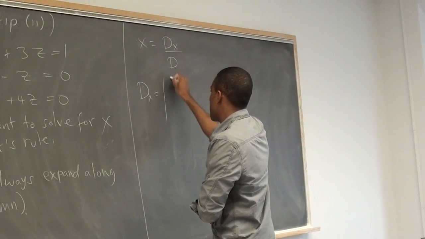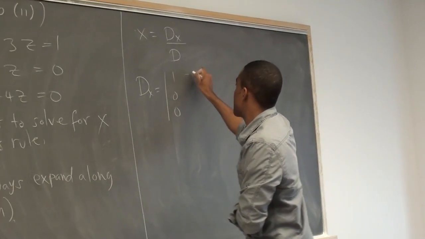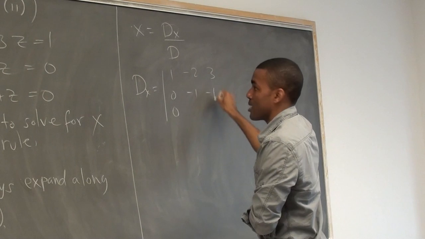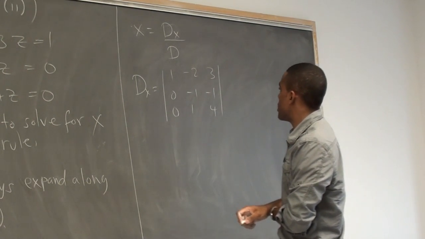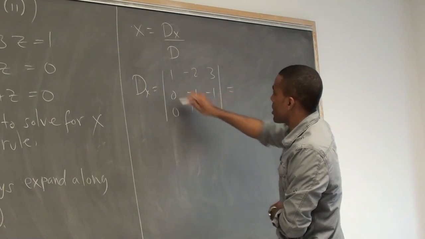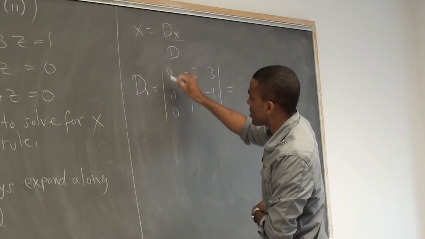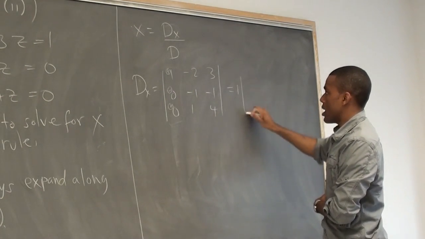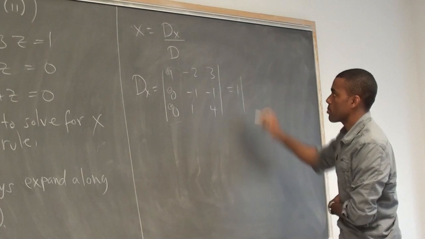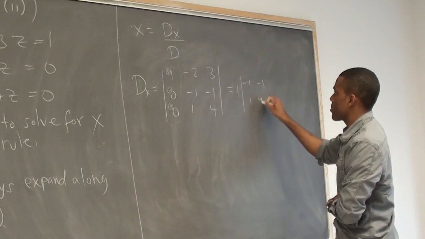So dx will be 1, 0, 0, minus 2, 3, minus 1, minus 1, 1, 4, and okay. Expand along the x. This is plus, minus, plus. So what would this look like? It would be 1 times, let's write it out, the matrix -1, -1, 1, 4.